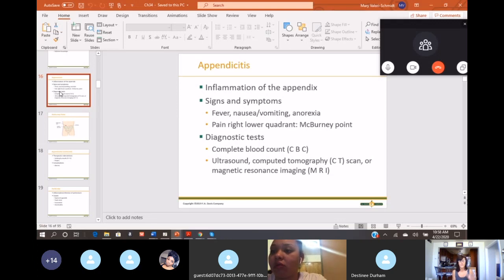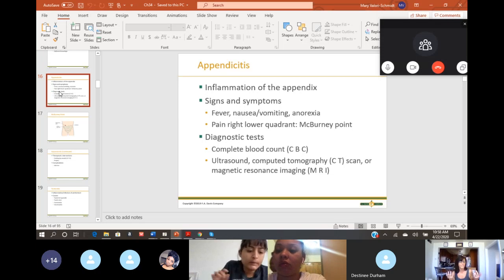We believe that at some point in our development, back when we were cavemen and women, that appendix did something, like we needed it for something, but we don't need it now. So your appendix is kind of like your wisdom teeth. Wisdom teeth are vestigial. We needed them when we were cavemen and women because we were eating things that were raw, right? So we needed that extra chewing power. Your appendix now, it doesn't do anything.